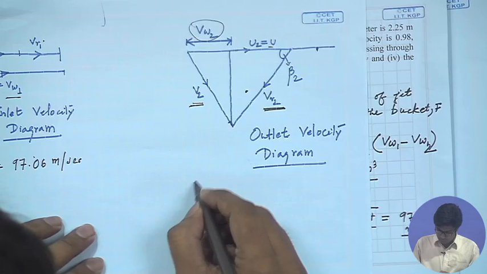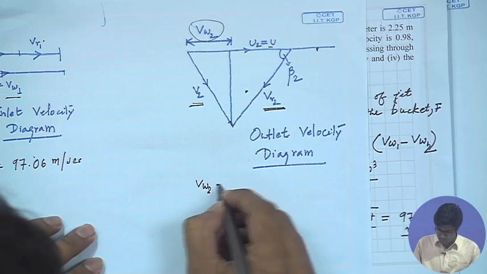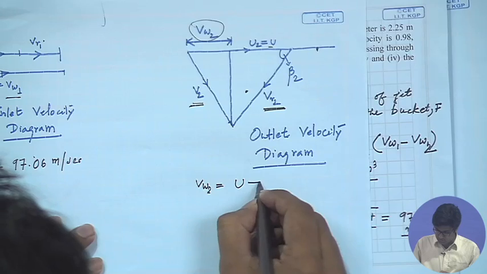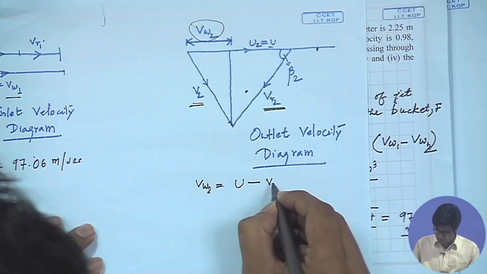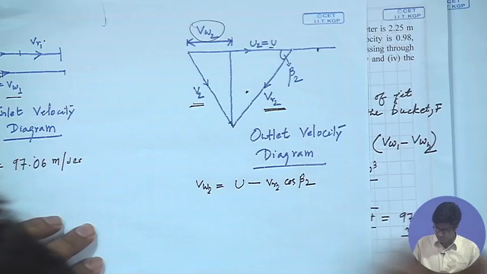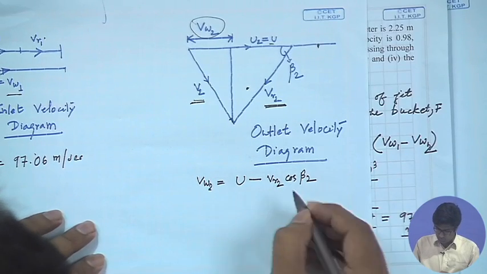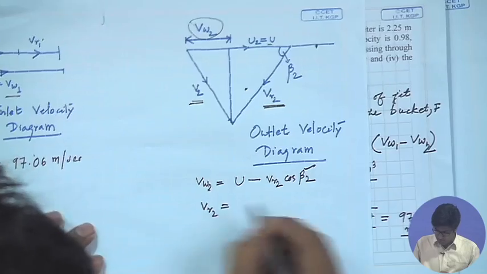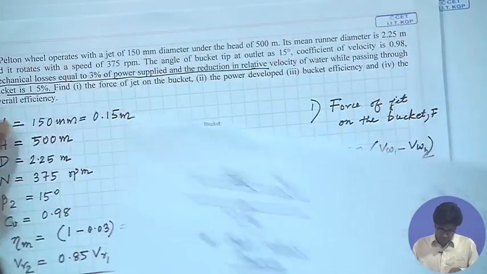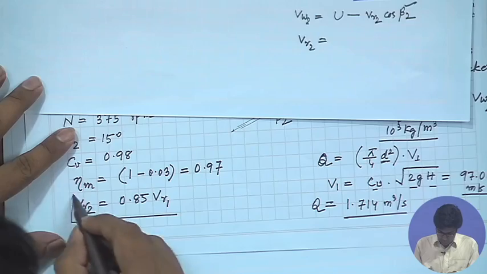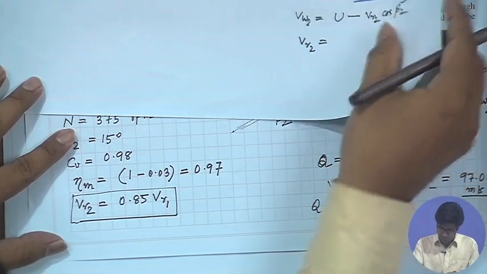So, from the velocity diagram we can clearly see that the tangential velocity at the outlet is equal to u minus Vr2 cos beta 2. Now, beta 2 is given, and Vr2, as was already said in the problem, is equal to 0.85 into Vr1.